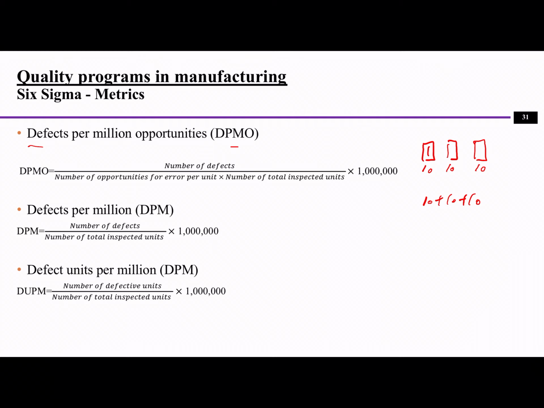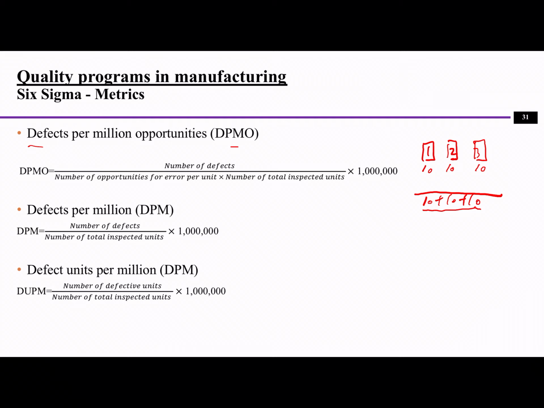Because for the first phone, I can make 10 mistakes, I can make 10 defects. It means all the features are wrong. Phone 2, same. Because there are 10 features, I can make all these defects. So these are opportunities. Same thing with phone 3. That's what it means, opportunities for error or opportunities for defects. You should count all these features in the phones.